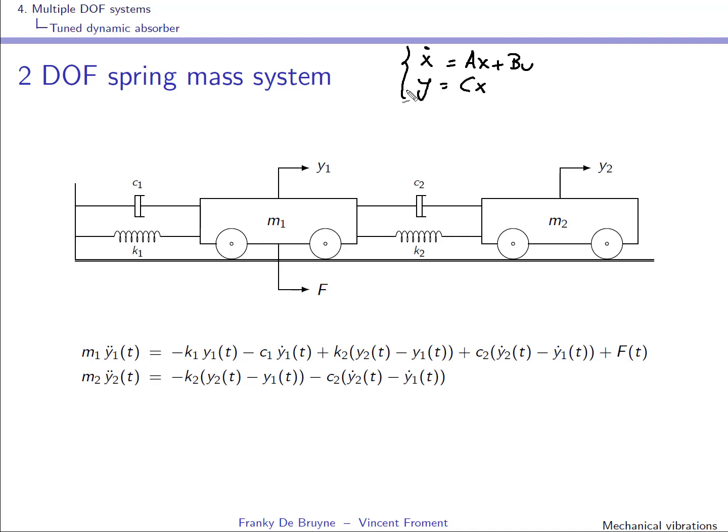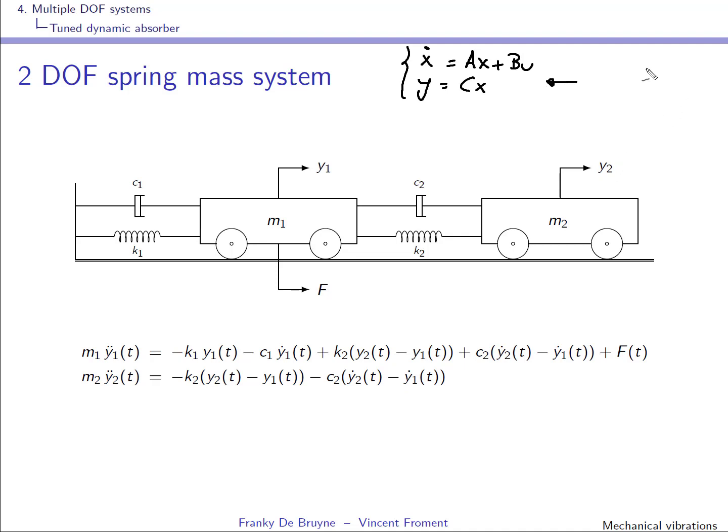And I will show you that you can obtain also the transfer function using this description, but that in this case it's maybe not the most appropriate description. It's a good description for state space control, but for the description of the system just for modeling, this is maybe not the best method.